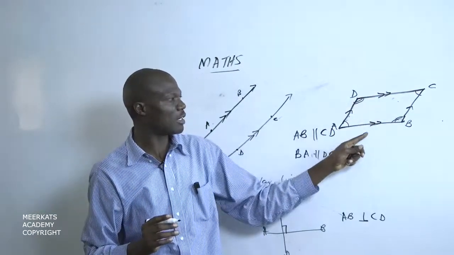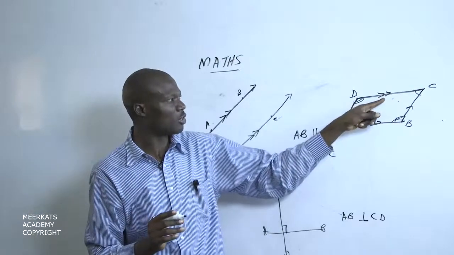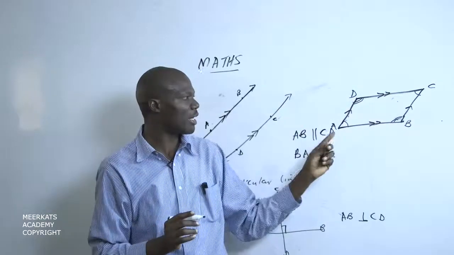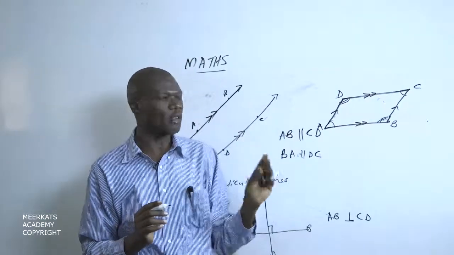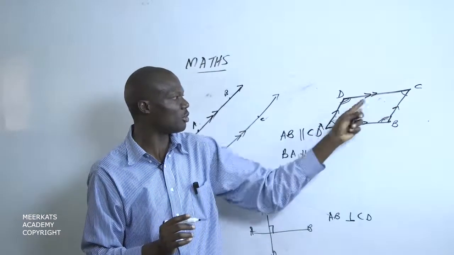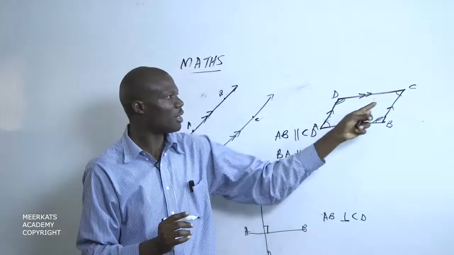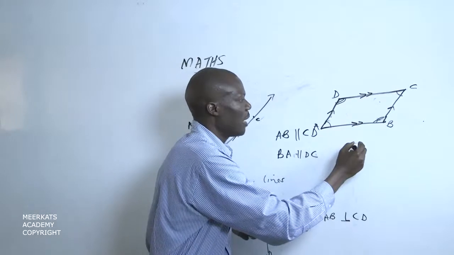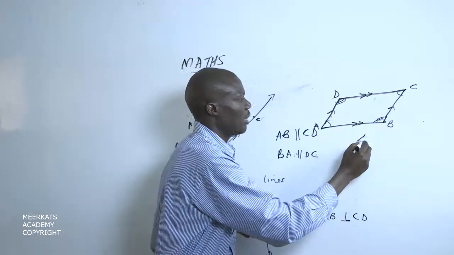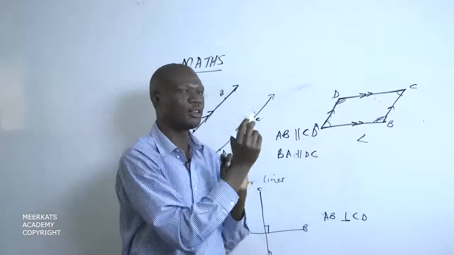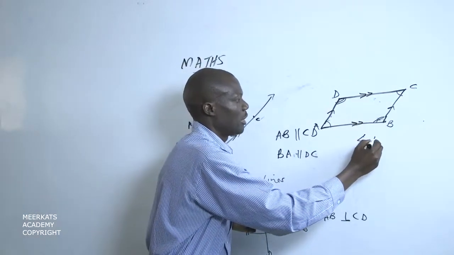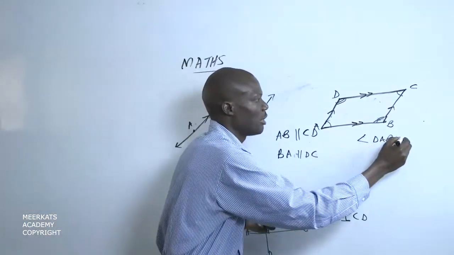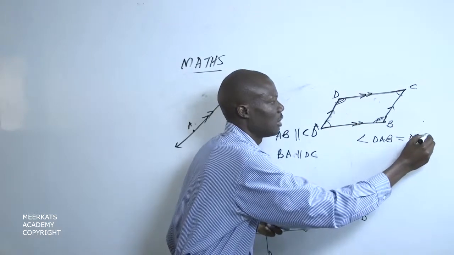And the opposite sides are parallel. It is shown by the signs here. The opposite sides again are parallel. Now the sign that shows that the opposite angles are equal, we only have the sign shown. You'll notice that we have simply a single arc, which shows that the angle, this is the symbol for an angle, the angle DAB is equal to DCB.